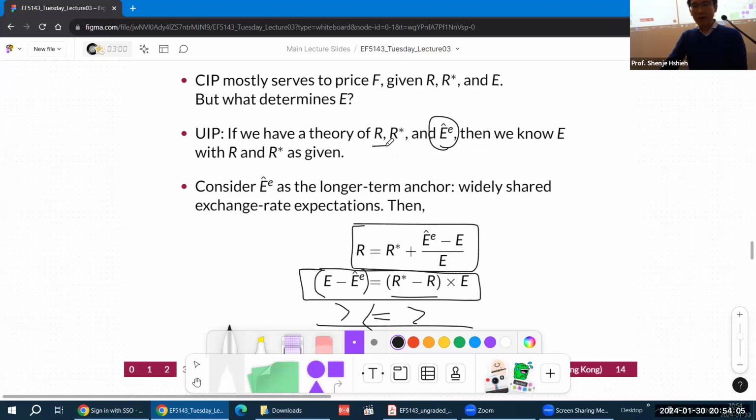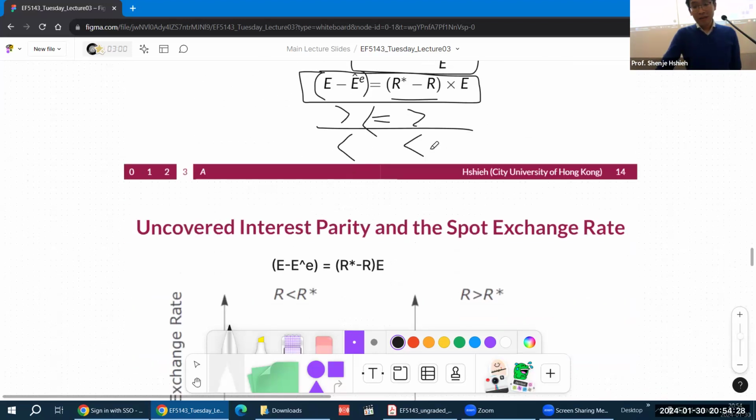So we know R star, we know E hat E is some constant, so it's an anchor. And given this, we can determine E. At least when R changes, or when there's a discrepancy between R and R star, we know where E should be.